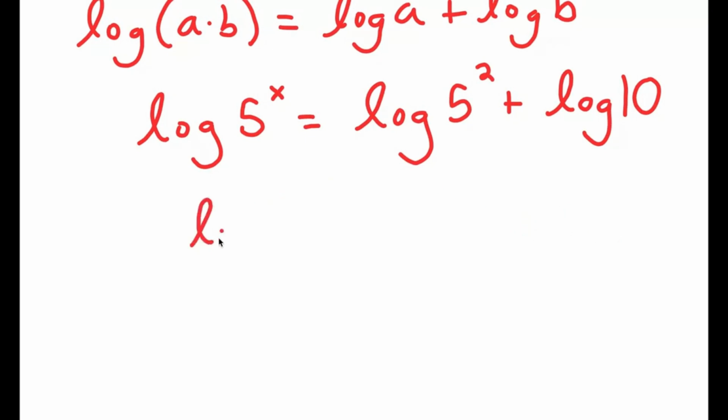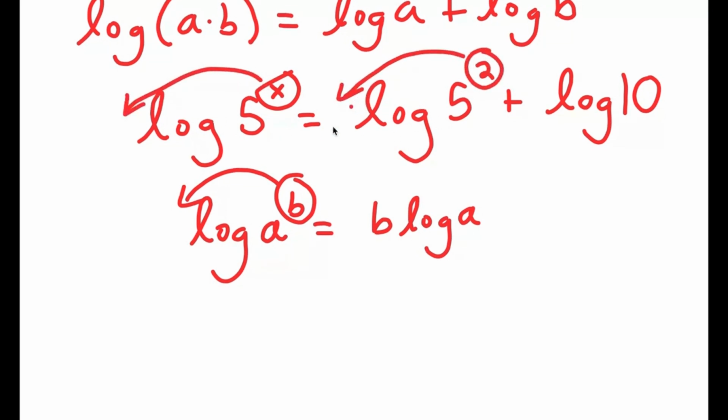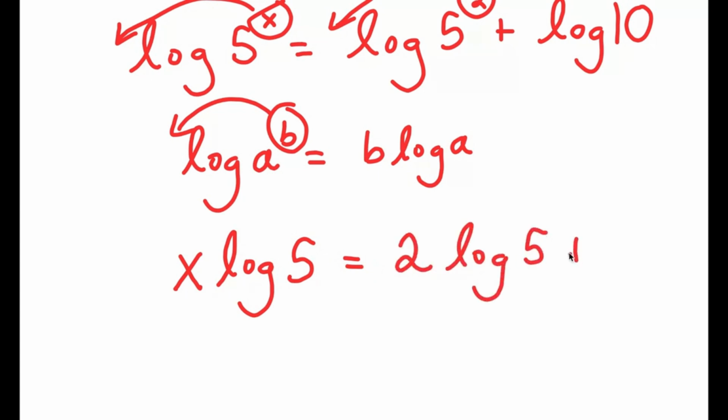Now, if I have something in the form log a to the power of b, I can move this exponent b to the front. So this is going to equal b times log a. So in this case, I have log 5 to the power of x. I can move x to the front. And I have log 5 to the power of 2. So I can move 2 to the front. And I get x times log of 5 is equal to 2 times log of 5 plus log 10.